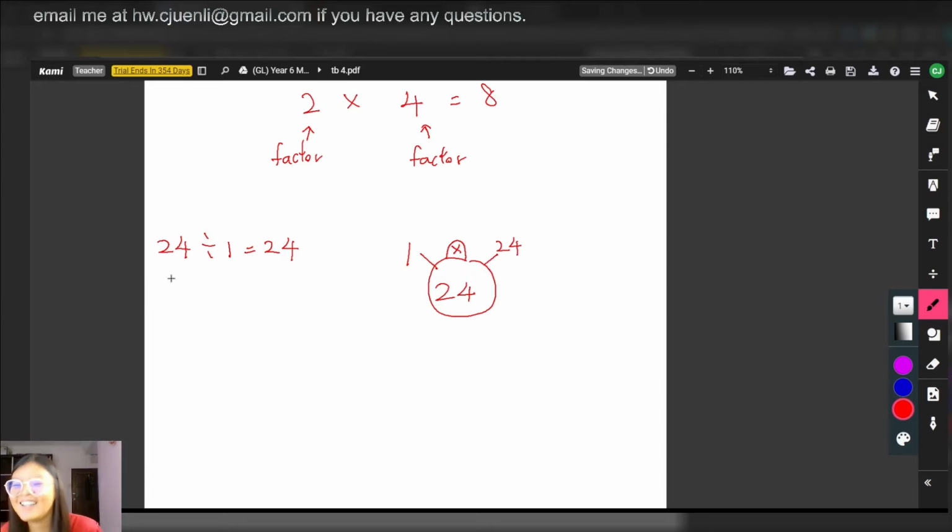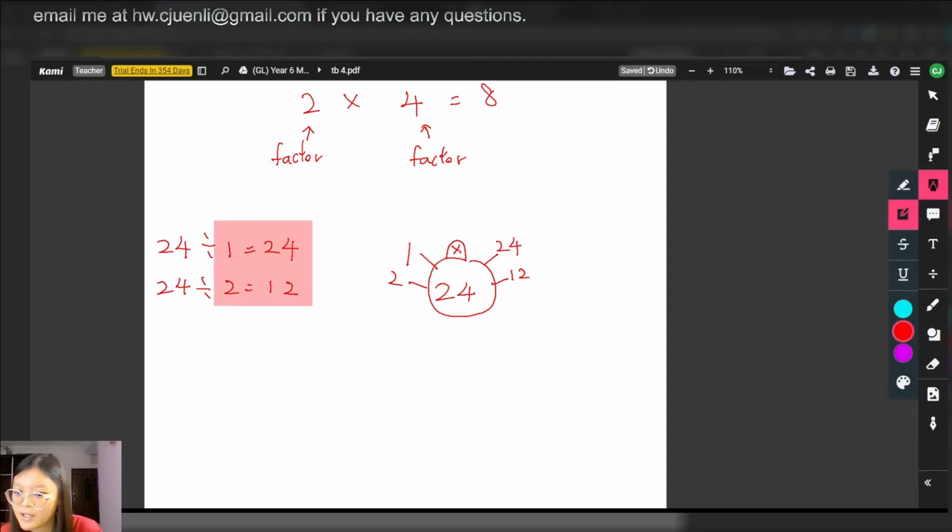It's pretty simple. Now let us try the next one, then you'll see what I mean. Divided by 2, you have 12. So you can see that 2 times 12, I get 24. So these two numbers over here are beginning to make sense.